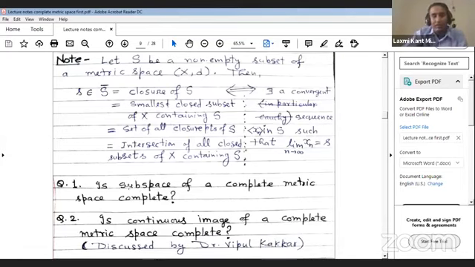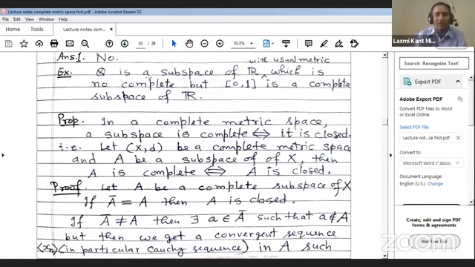The answer to the first question is no. What is an example? The example is just the set of rational numbers, which is a subspace. You know what a subspace of a metric space is?